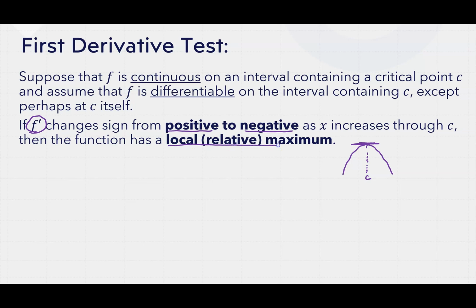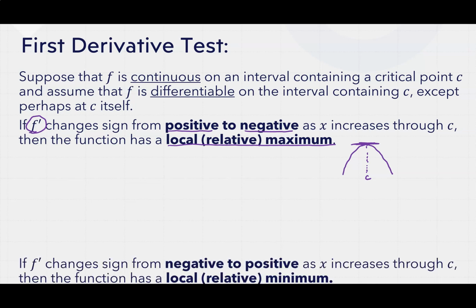That is your local, or we call it relative, maximum, right? So if your derivative changes from positive to negative, then you have a local maximum.